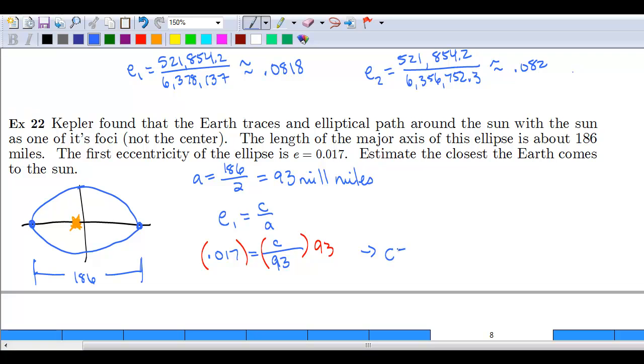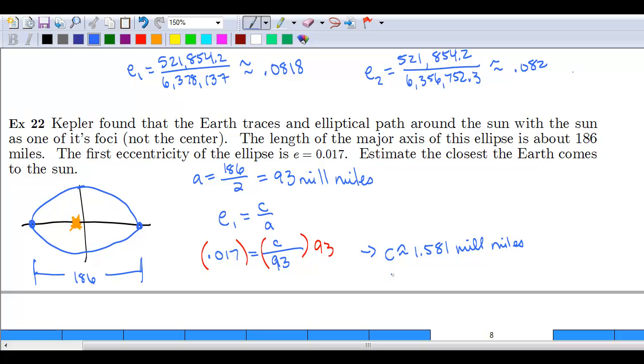So this tells us that c is approximately 1.581. Again, million miles. So if we know that c is that distance from the center, again, in comparison to 93, that's pretty close to being at the center.